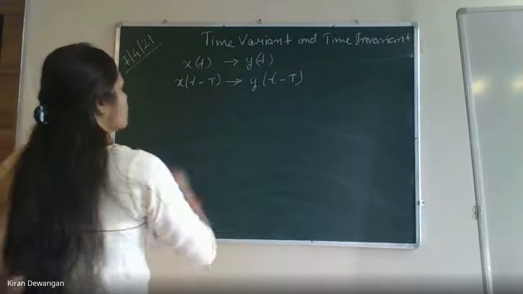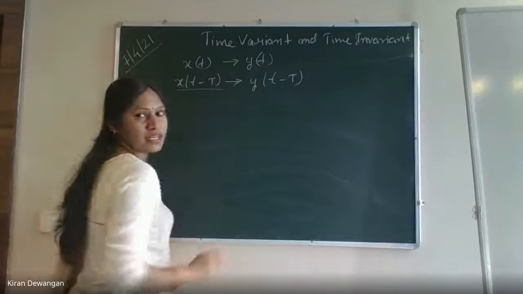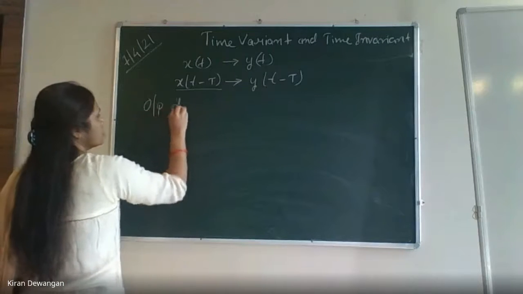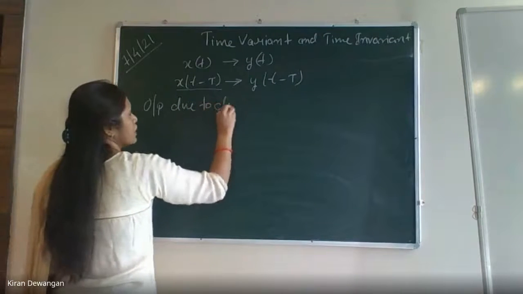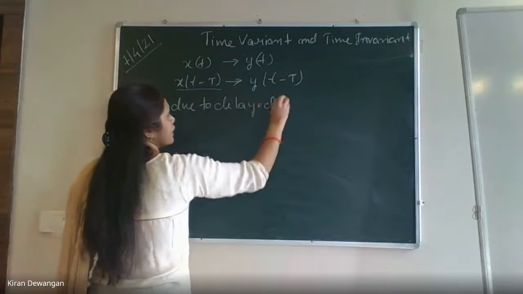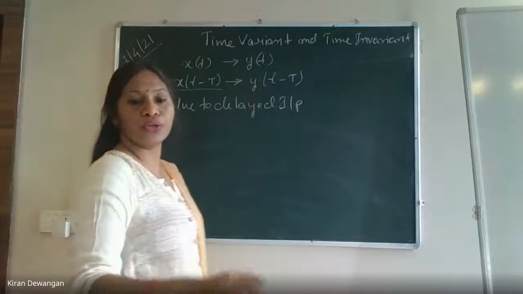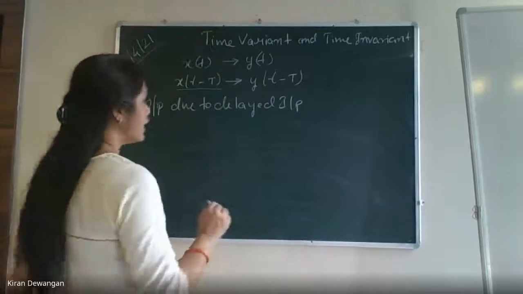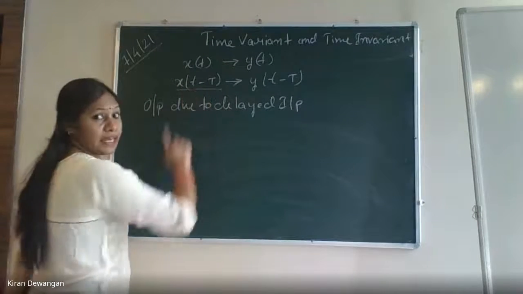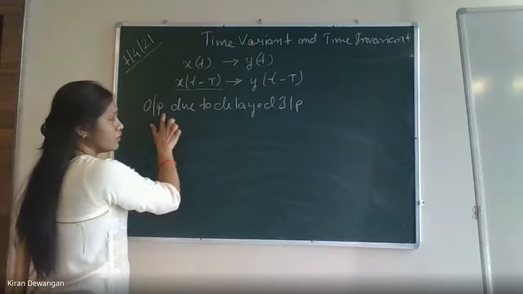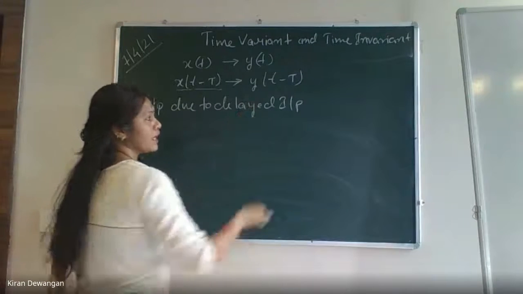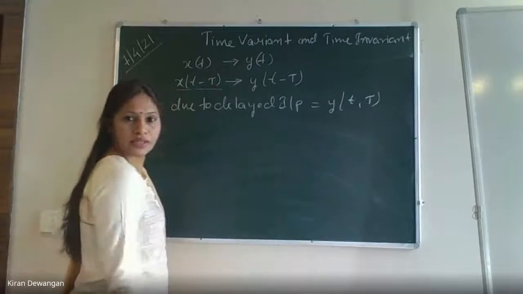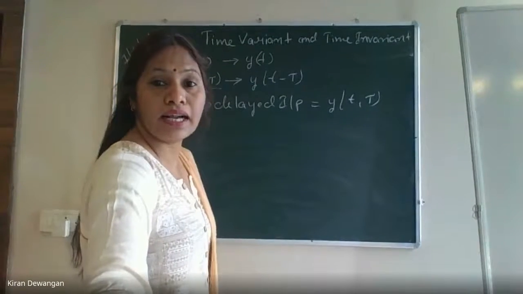Now what we actually have to check for the invariance condition is the output due to delayed input. मतलब if we are delaying the input, what is the output that we are getting due to delayed input, that will be denoted by y(t, T) with delayed input.